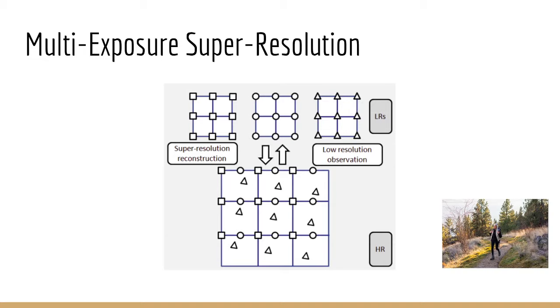Okay, this particular figure is pretty much what multi-exposure super resolution is supposed to be. Within each exposure, considering exposure 1 to be squares, exposure 2 to be circles, and exposure 3 to be triangles, these are subtly different from each other.